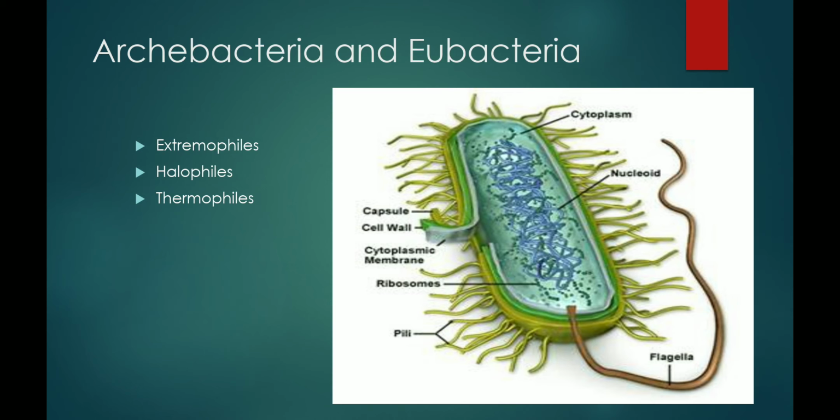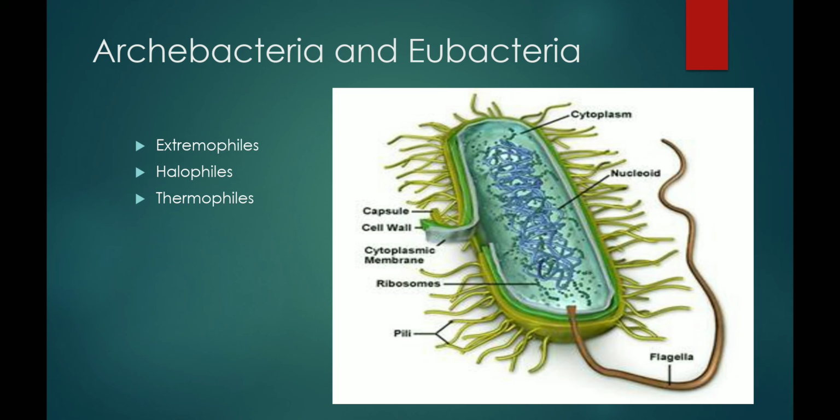Bacteria that can withstand high salinities are called halophiles, while those bacteria that withstand extreme temperature are known as thermophiles. So basically the archaebacteria have the capability and the capacity to survive any type of environment.